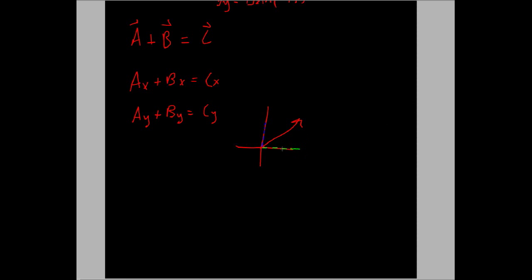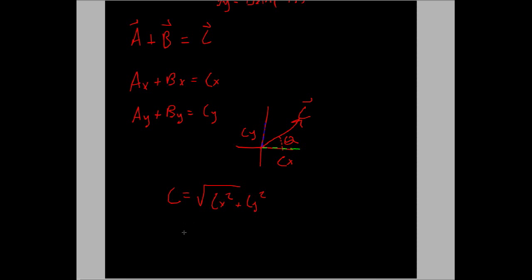So let's call this C, and here we've got Cx and Cy. Say we know the components of C, but we don't know the magnitude. Well, to find the magnitude of C, we use the Pythagorean theorem, taking the square root of both of our components squared. Pretty simple enough.